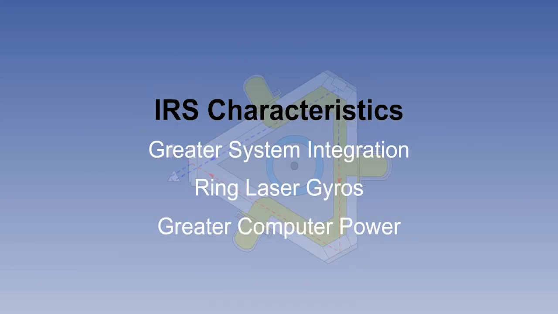Let's summarize what we've covered so far. There are three main characteristics which make an IRS recognizably different from a first-generation standalone INS. These are greater system integration, the use of ring laser gyros, and much greater computer power.